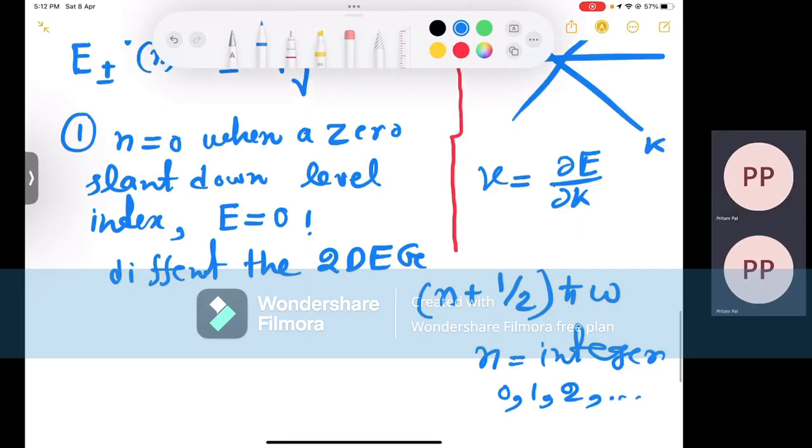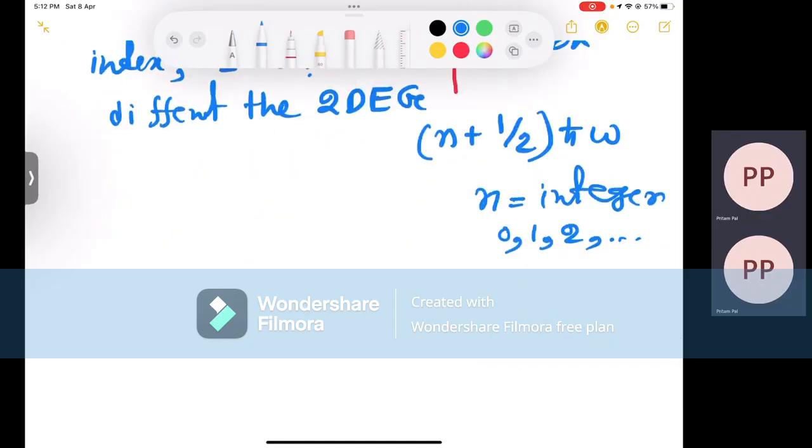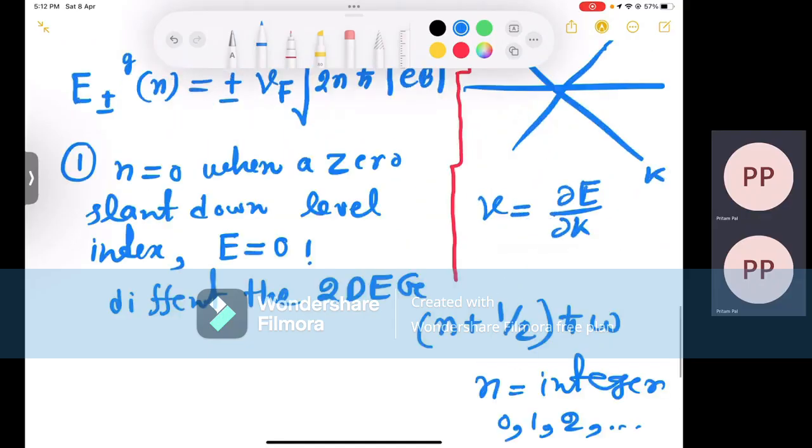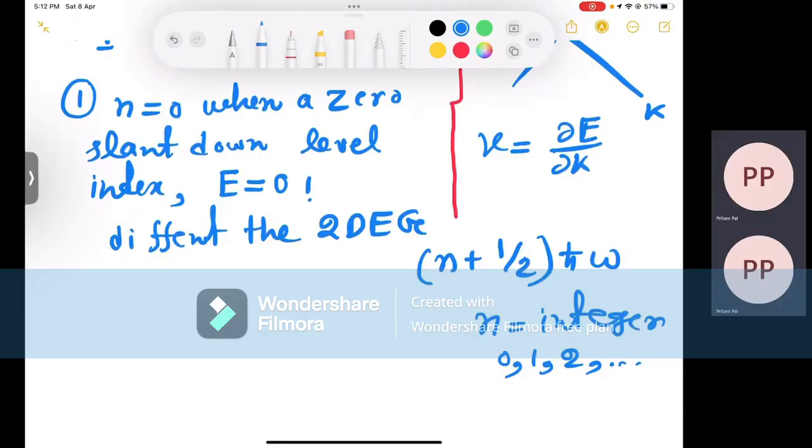So that's how it works for the two-dimensional electron gas system, but not for this one. So it's non-zero energy, right? But in graphene, the zero Landau level has zero energy.